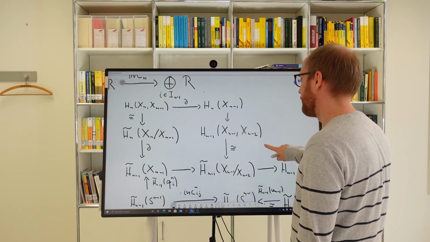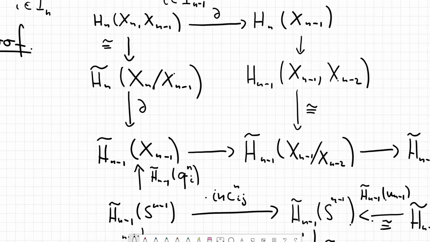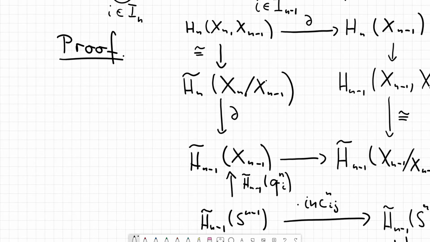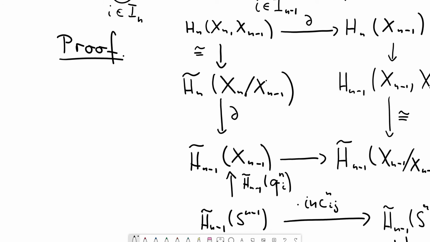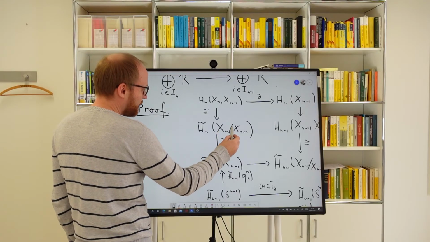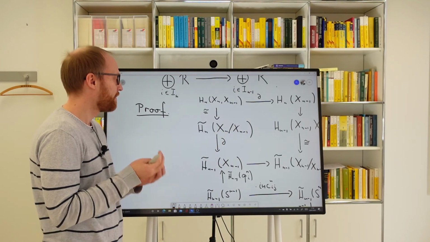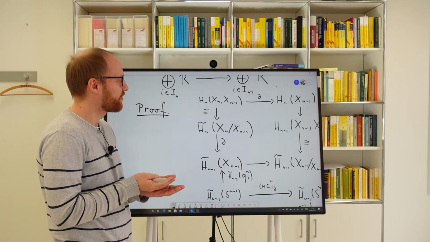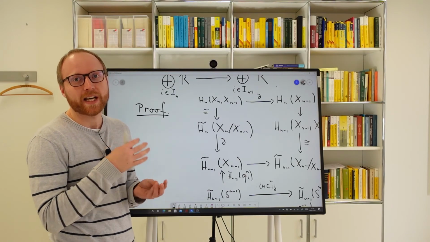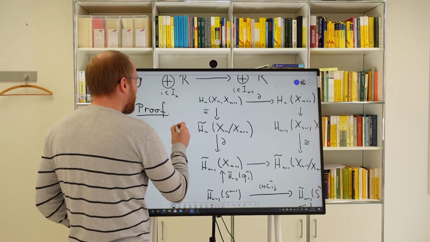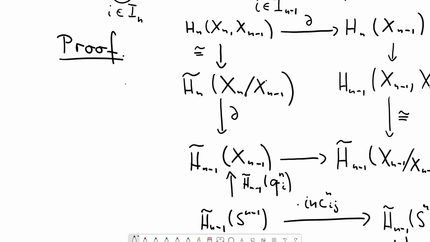And now let me extend this diagram, it's still not done. Tiny little bit on the left. Namely here, I've got as a space the n skeleton mod out the n-1 skeleton. What this space is, is just a one-point union, a wedge sum, of as many n-spheres as I've got n-cells in my CW complex. And now I pick out one of them by using the characteristic map of the ith n-cell.